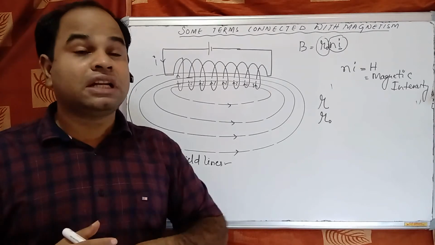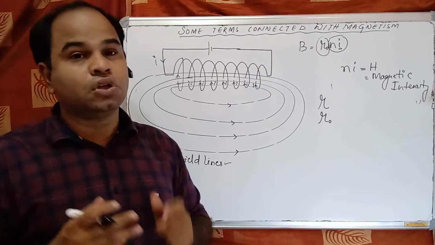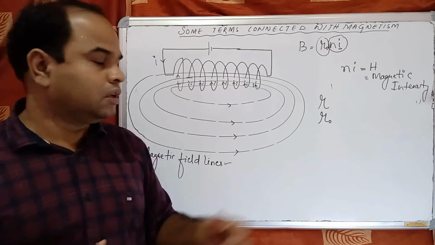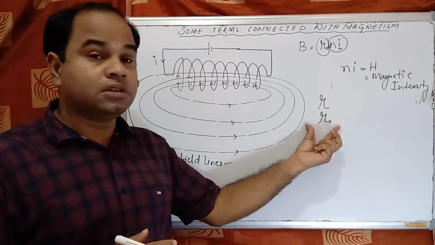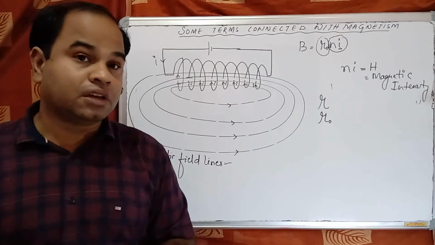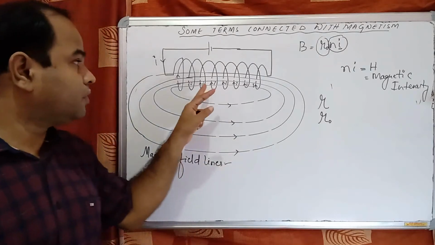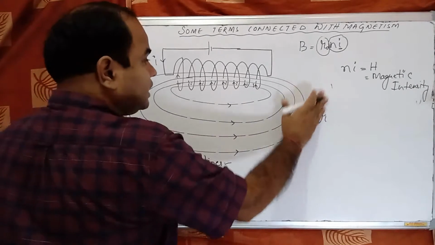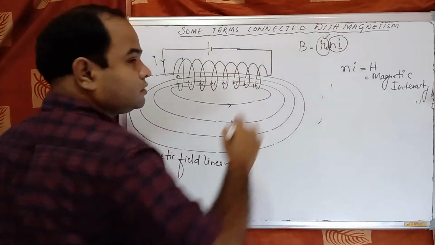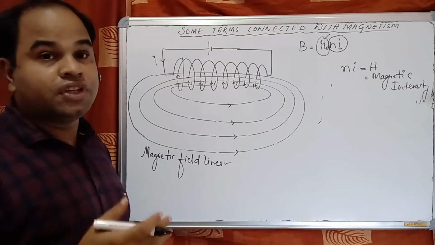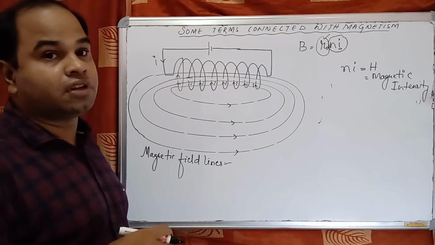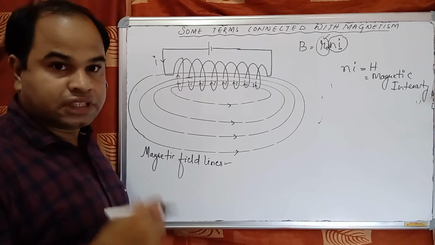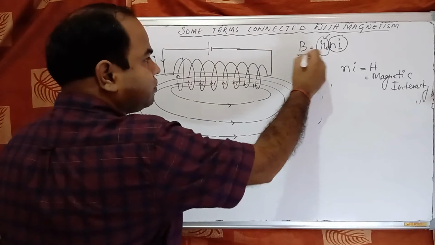The more the permeability, the more magnetic field lines the medium allows. The less the permeability of the medium, the fewer magnetic field lines it will allow to pass through. μ₀ is the permeability of air medium. If we keep the solenoid in an air medium, then it is the permeability of air medium which allows these field lines to travel through it.